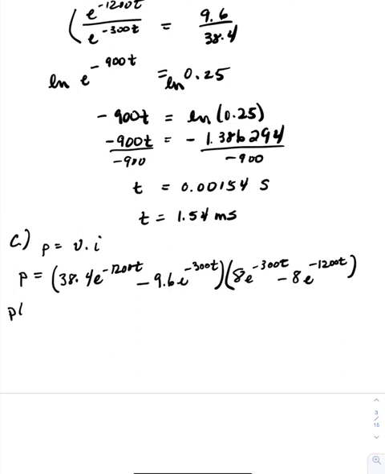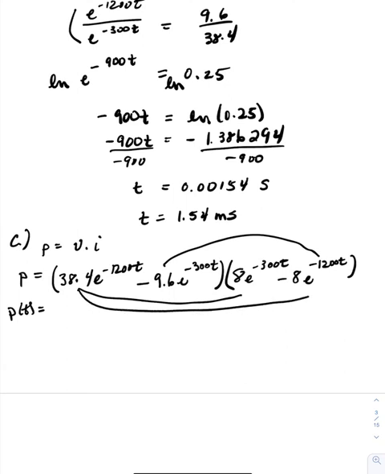So P of t is equal to 38.4 times e to the minus 1200 t times 8 e to the minus 300. So we'll do this, then we'll do this one, then this one, and this one.